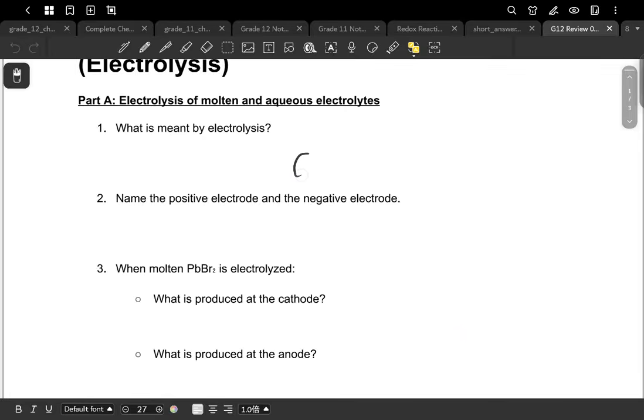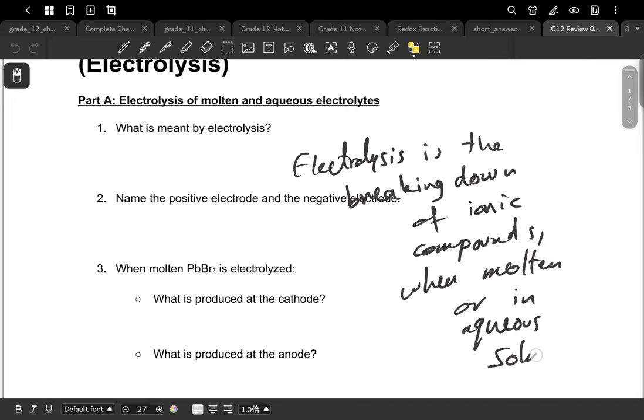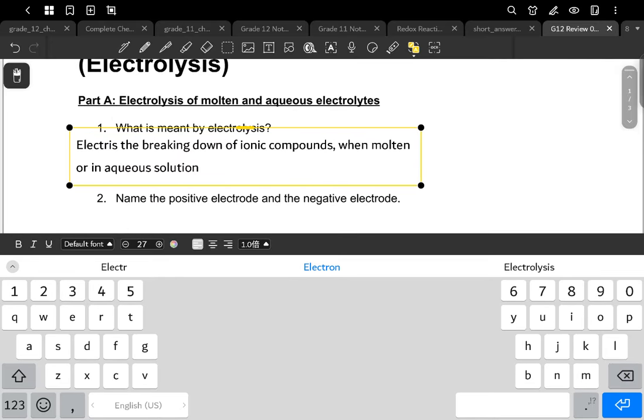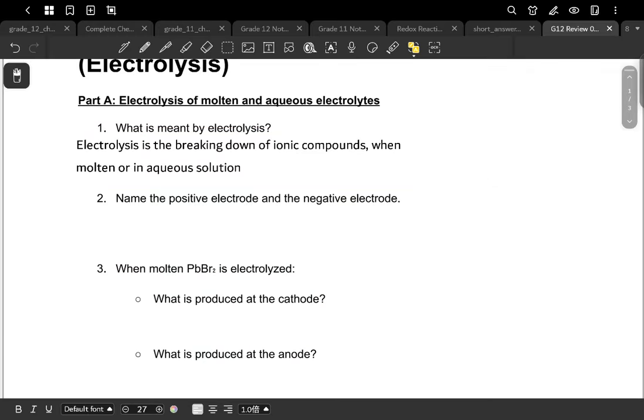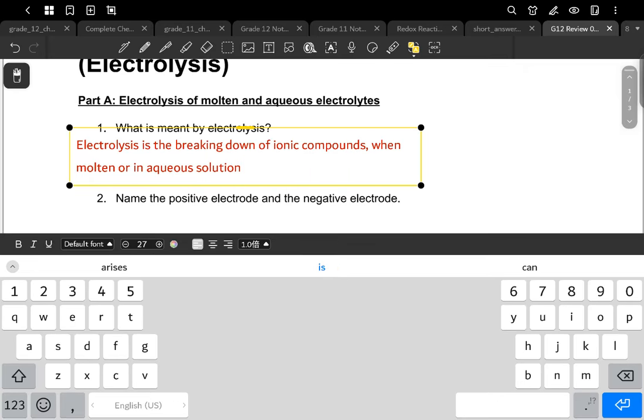Electrolysis is the breaking down of ionic compounds when molten or in aqueous solution, and this happens by the passage of electric current.